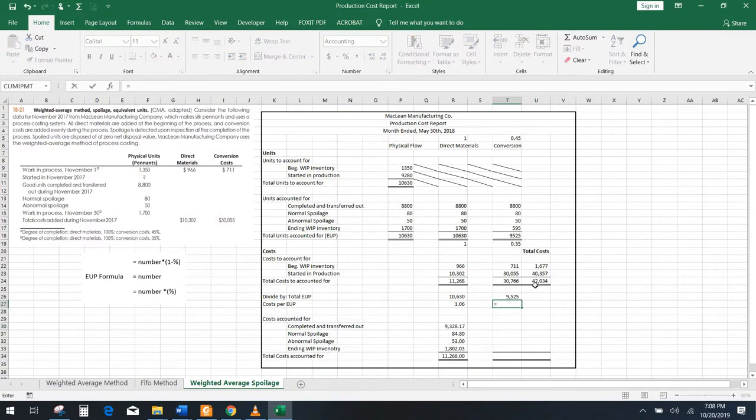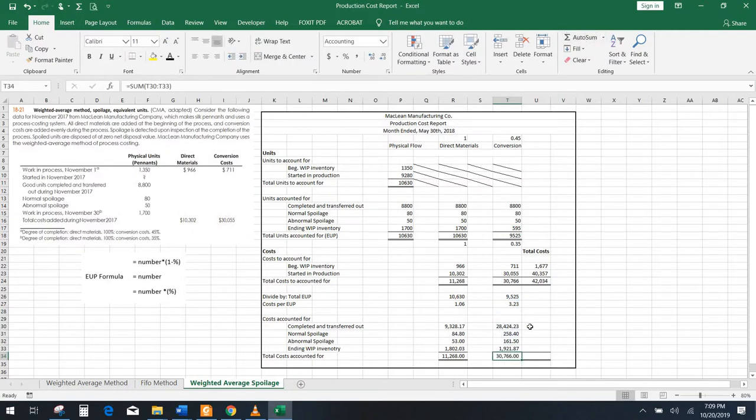This equals this divided by this. Okay. And this equals cost per EUP multiplied times completed and transferred out. This equals cost per EUP multiplied times normal spoilage. This is cost per EUP multiplied times abnormal spoilage, and this equals cost per EUP multiplied times ending work in process.